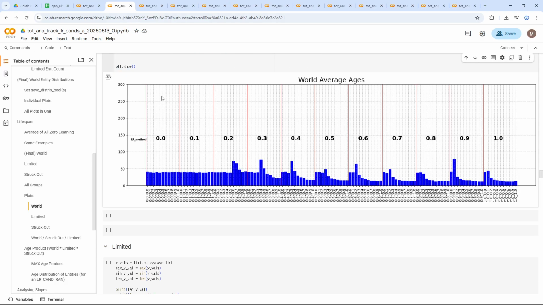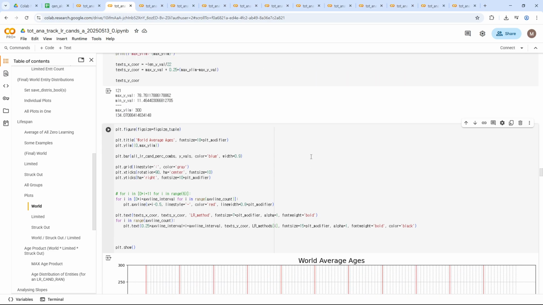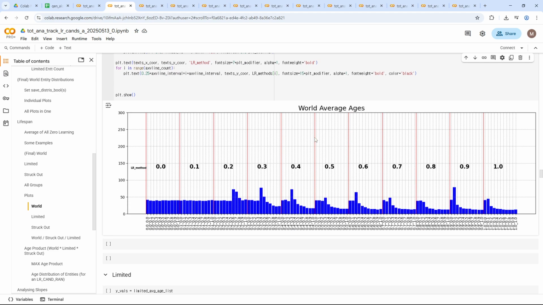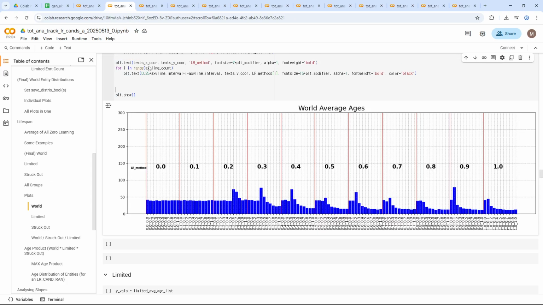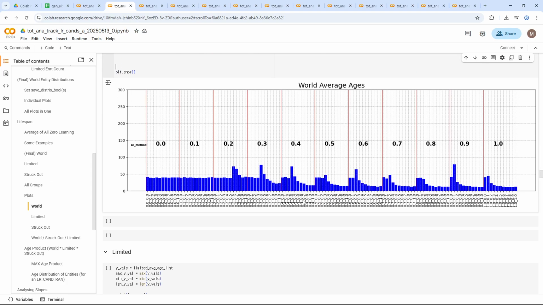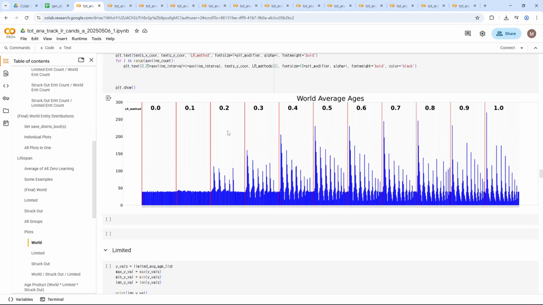However, when we have the universal learn rates and we're using a proportional tail as the candidate method, the average age of entities in the world doesn't go up as high as 200 or even 100. These two plots are the same scale.